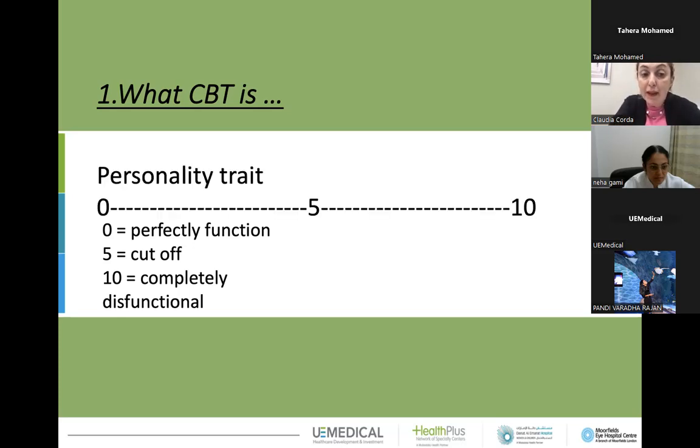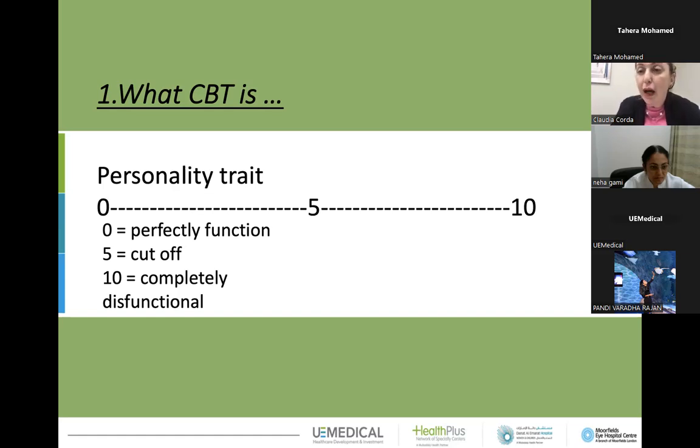So what happens when we are under stress? When we are under stress, our personality traits start to process the information in the wrong way. So instead of creating a normal cognition procedure, we tend to create cognitive distortion.